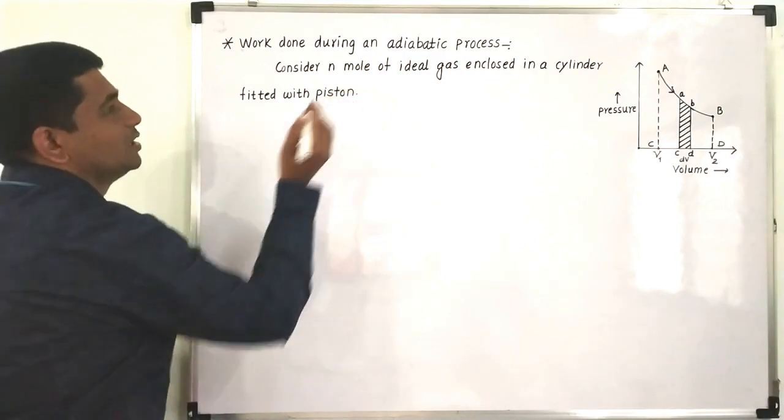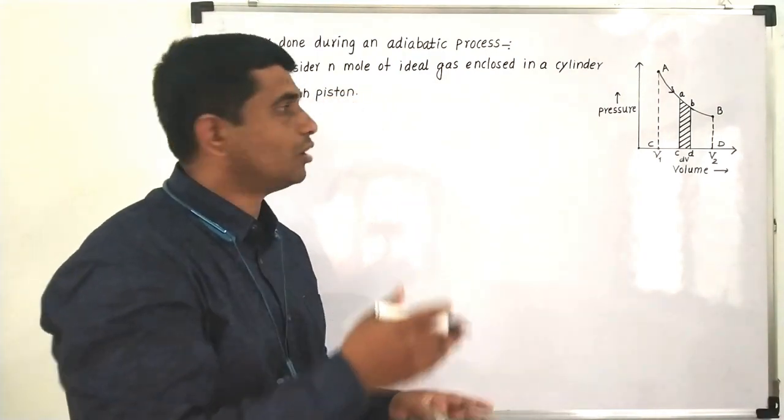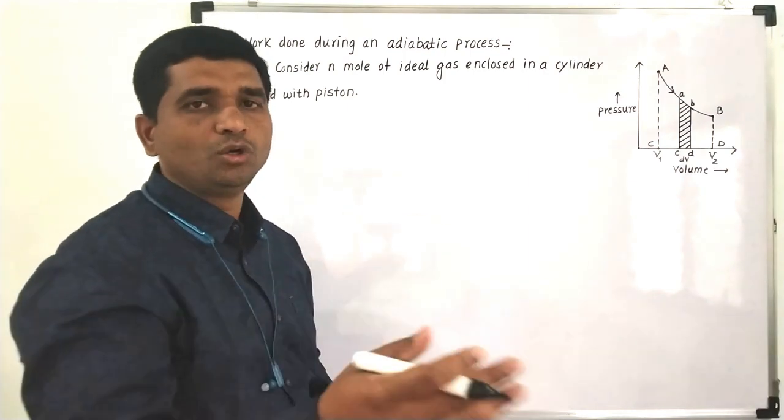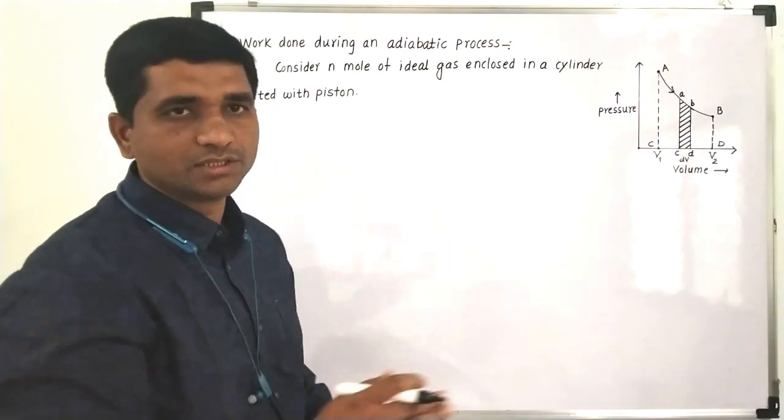Here we are assuming that the surface of the cylinder and the surface of the piston are non-conducting, so that there is no heat exchange between the system and surrounding.